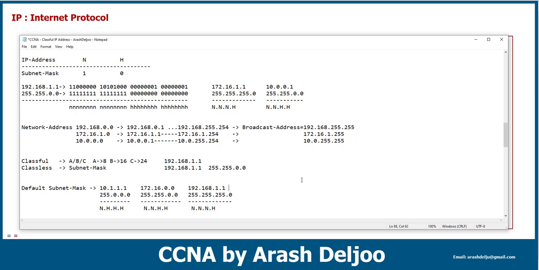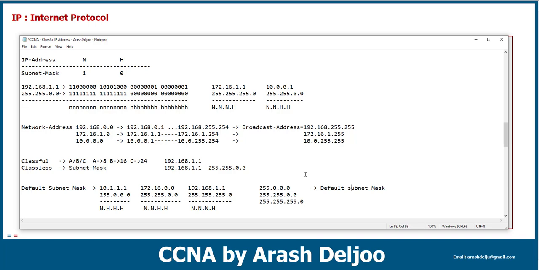Because of that, we call the 255.0.0.0 subnet mask, and also 255.255.0.0, and also 255.255.255.0 subnet mask, the default subnet mask. This is only a definition. It's not so important.